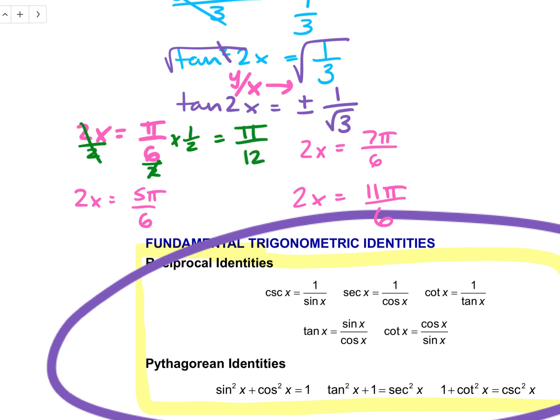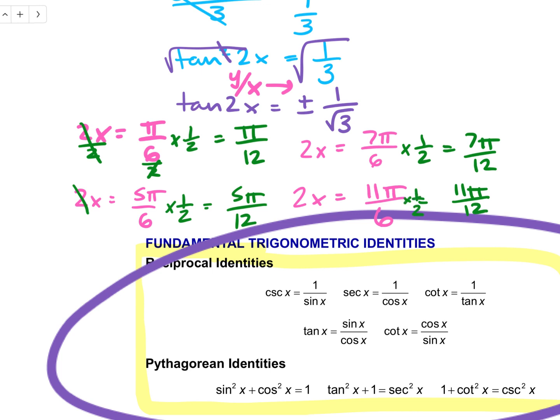If we multiply by 1/2 here, we get 5 pi over 12. Multiply by 1/2 on the next one, so 7 pi over 12. And then do the same thing on the last one, so we get 11 pi over 12. So these would be our 4 answers.